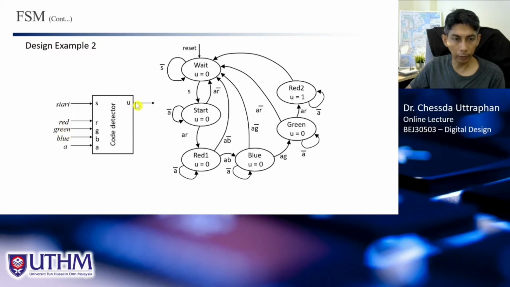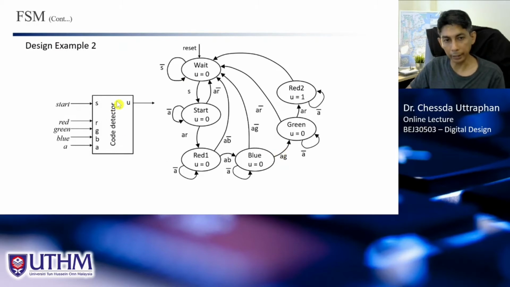And U is the output of this code detector. When U equals 1, it means open the door. When U equals 0, the door is not open. So inside here, the behavior is this, and we need to generate the circuit for it.